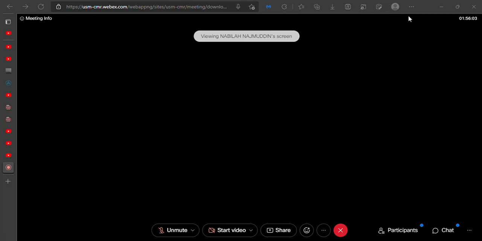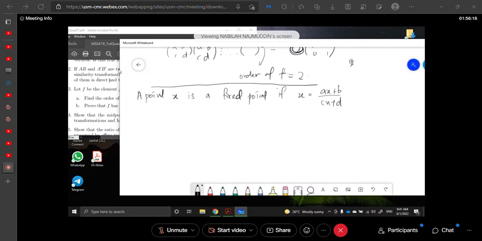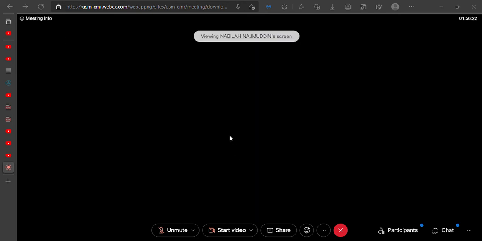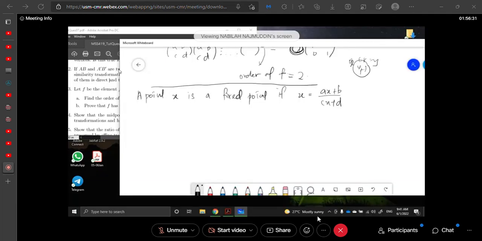Okay? Because if we recall, if we have a cross ratio, remember the cross ratio involves 4 points, and then it can form, okay, 4 points. So because this X is preserved under the 4 points A, B, C, D, it is a fixed point.